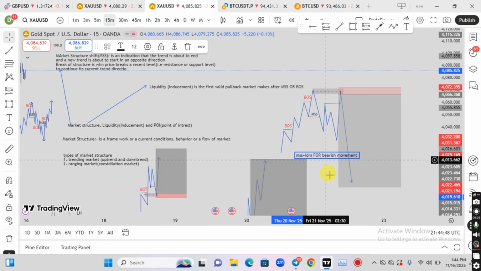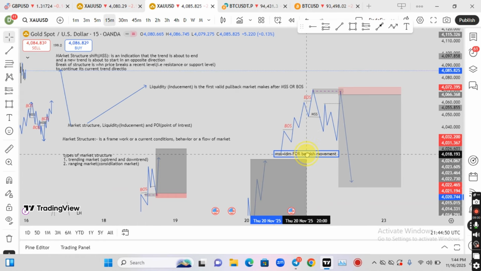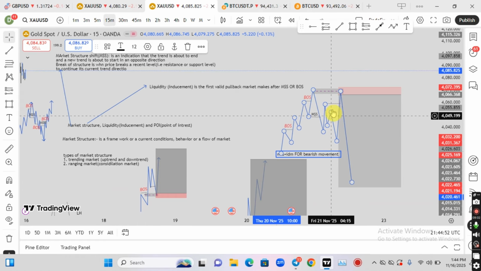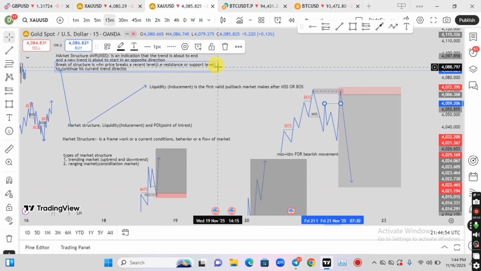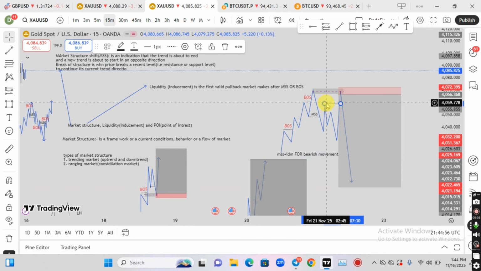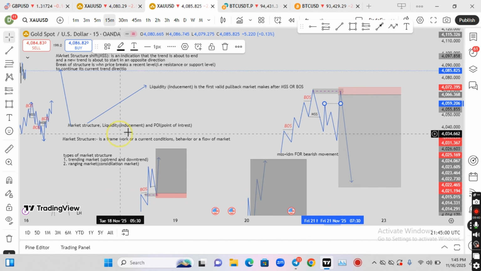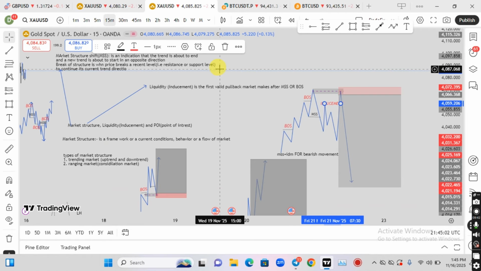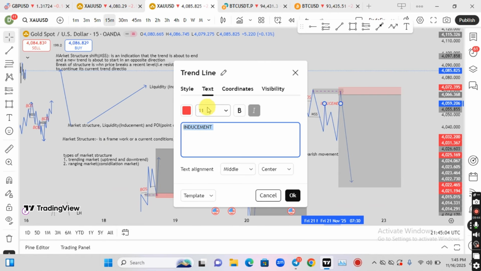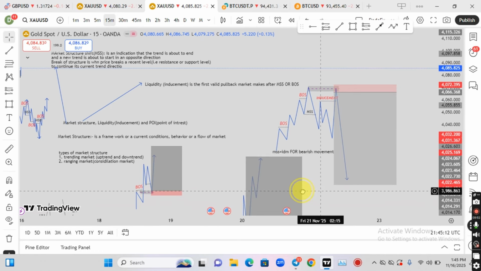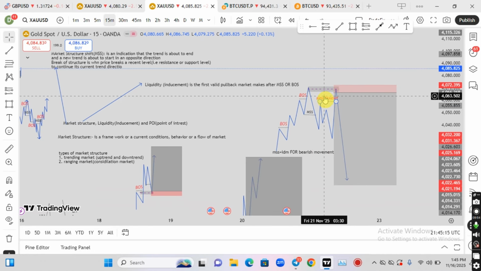This is for the bearish movement. So here you name it your IDM. I'll make it bold. So here is my IDM, and this place here is my point of interest.